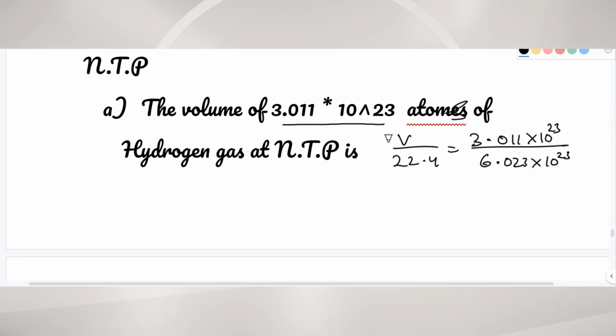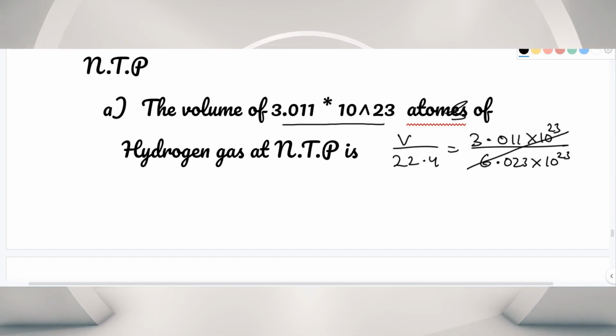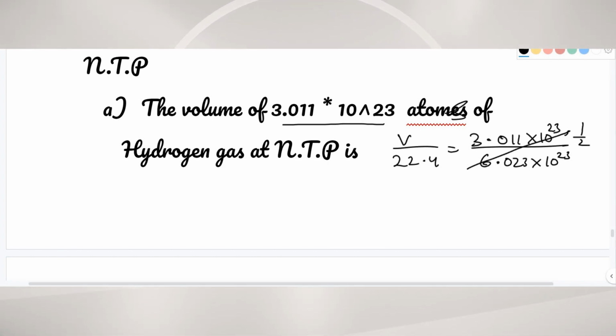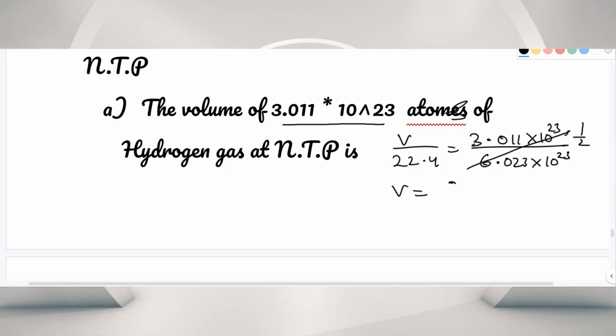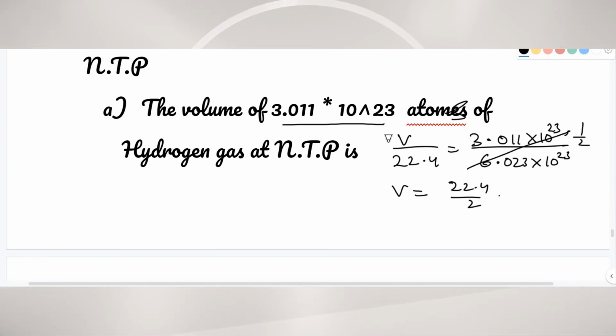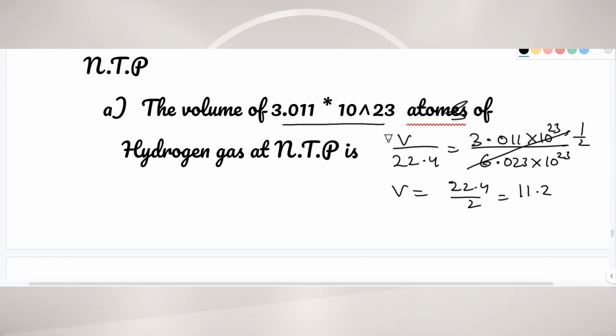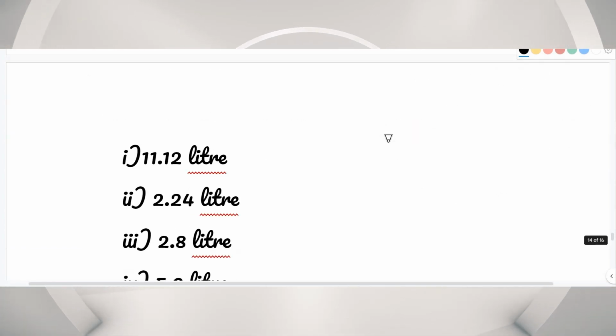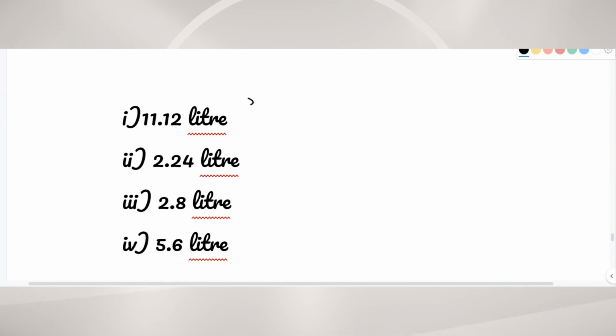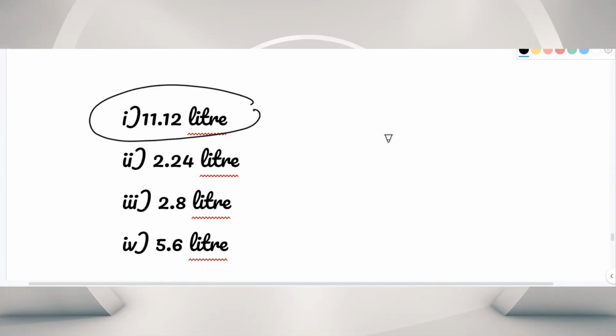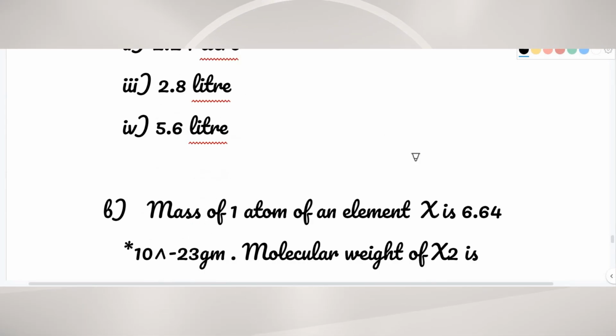So this is actually 1 upon 2. So volume is half of 22.4, 11.2 liters, which means 11200 milliliters. This one, the first one. 11.2 it should be.